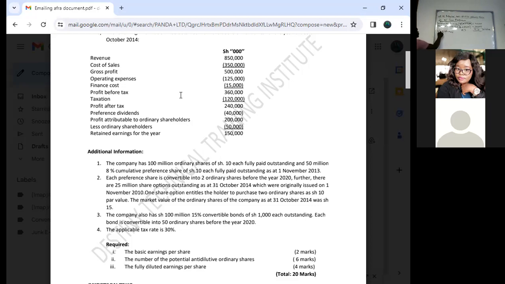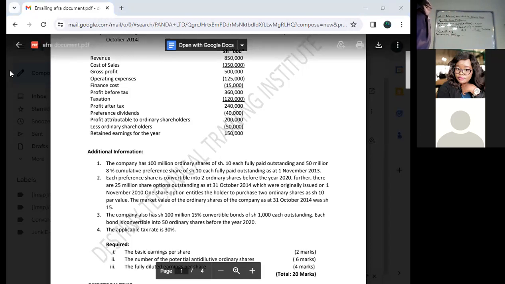Options, incremental earnings. What is the incremental earnings for options?